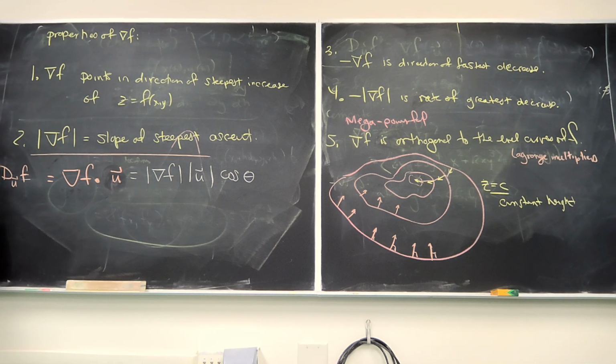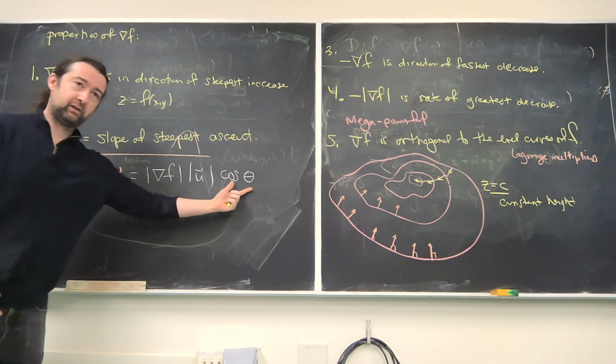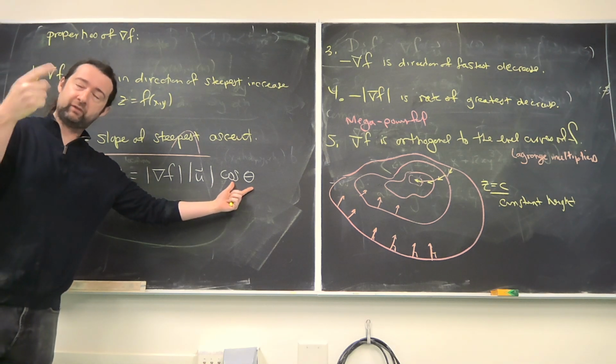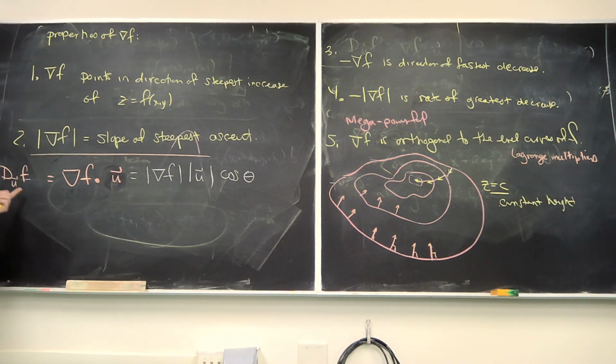If the angle between two vectors is 0, what does that say? Then they're parallel, right? It's not perpendicular, but parallel. Cosine of 0 says the vectors are parallel to each other. So the directional derivative is largest when the vectors are parallel.